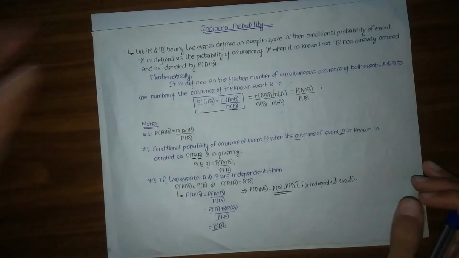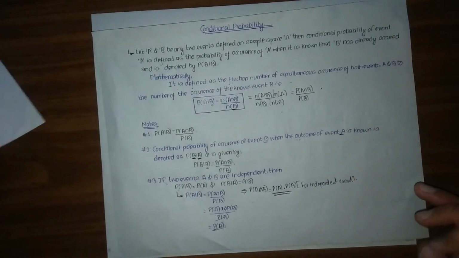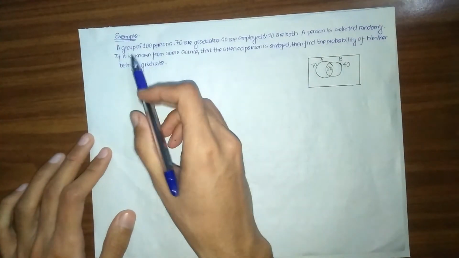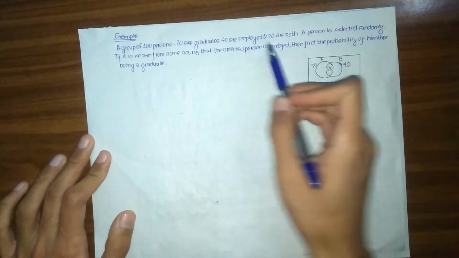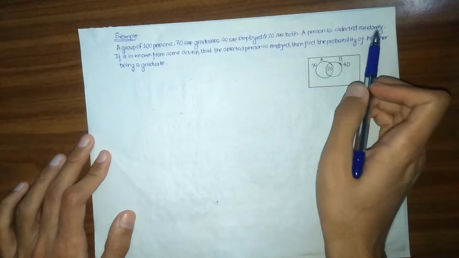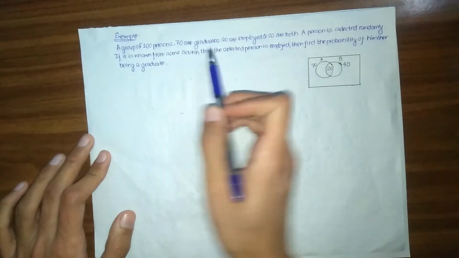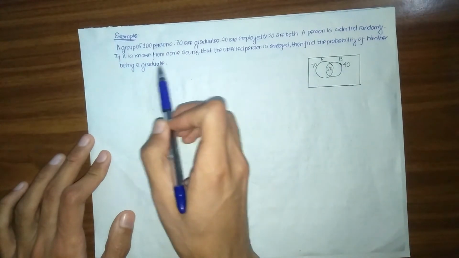Now we'll be solving a problem related to conditional probability. Our question reads: in a group of 100 persons, 70 are graduates, 40 are employed, and 20 are both. A person is selected randomly. If it is known from some source that the selected person is employed, then find the probability of him or her being a graduate.